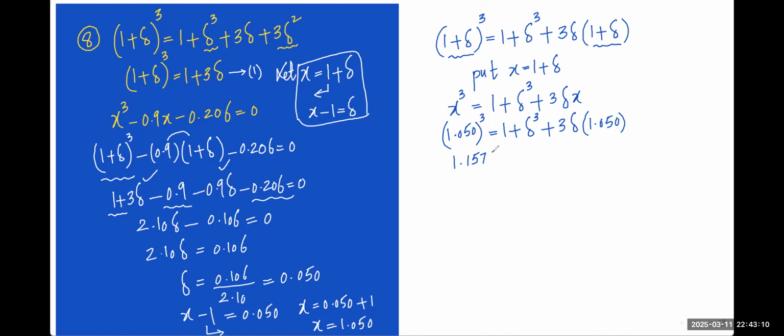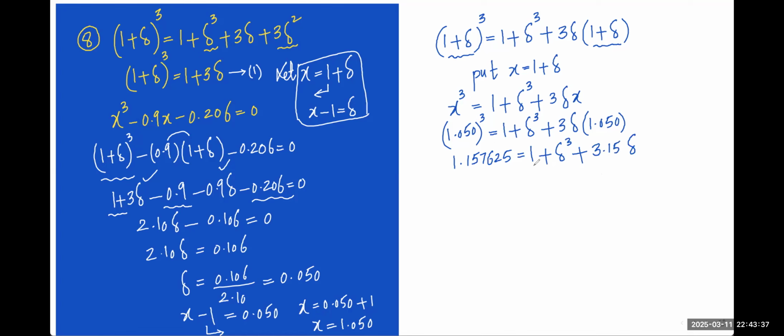Let me write it: 1.157625 is equal to 1 plus delta cube plus 3 times of this value. How much is 3 times 1.050? It is 3.15, right? 3.15 delta.